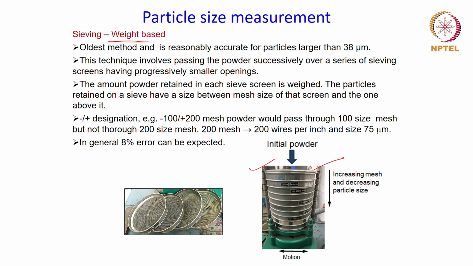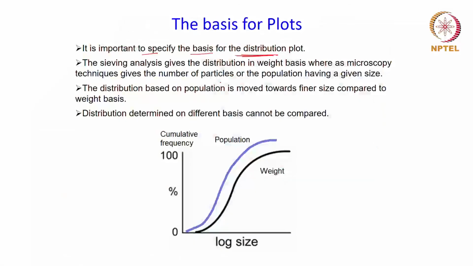In this case, we are doing the sieving analysis, right. So, that is why when you are representing these cumulative distribution plots, it is important to specify what the basis is, because a given basis will give you a particular type of data which may not be identical when the same data is being recorded using a different basis, right.